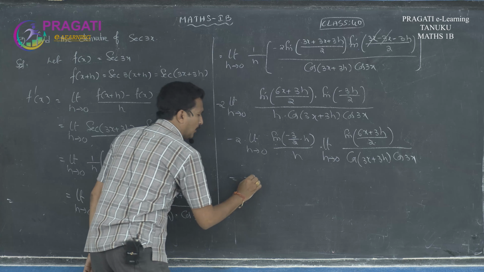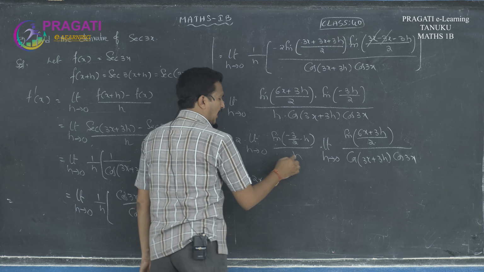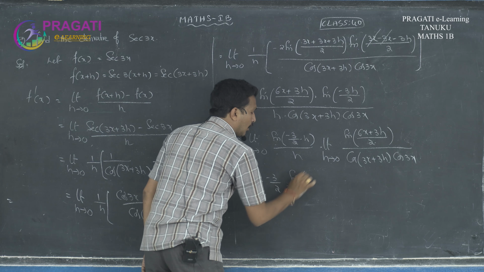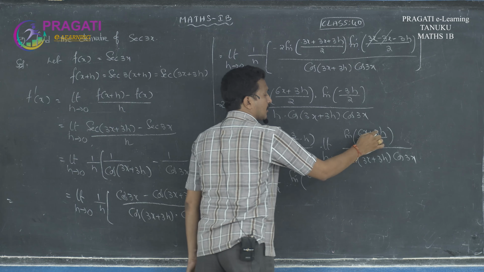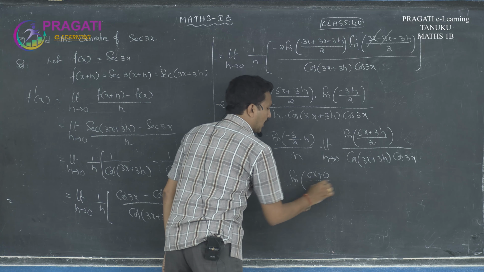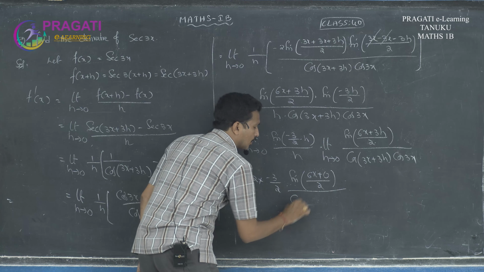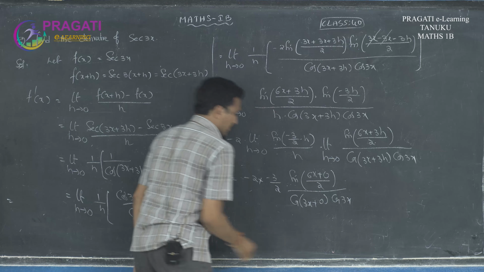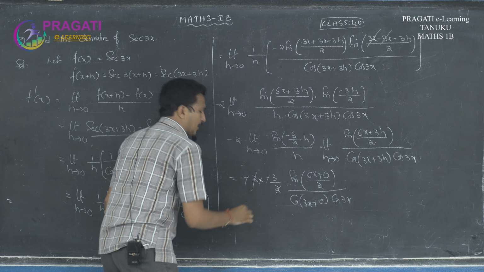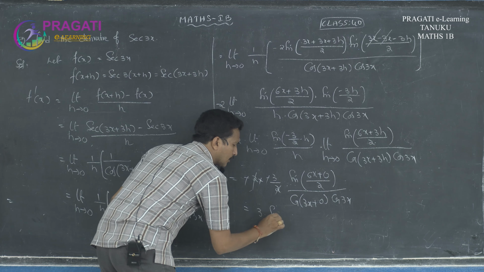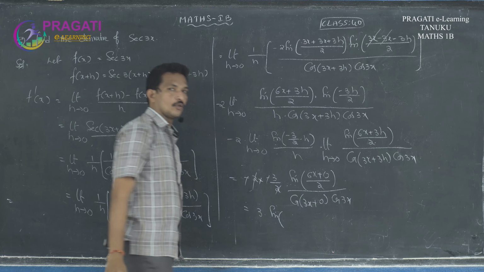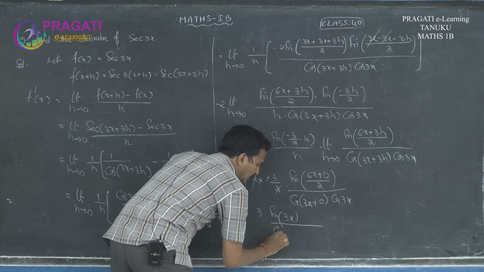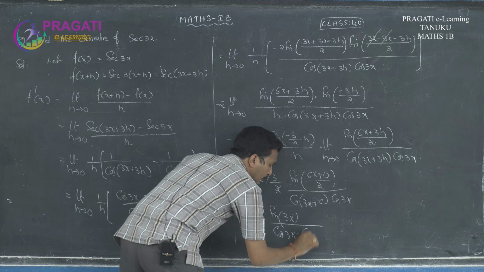Here the first one is the formula. What is the formula? Sin nx by x. Here it is n. And the rest is direct substitution. Sin of 6x plus 3 into 0, by 2, by cos of 3x plus 0 into cos 3x. Here the 2 cancels, minus into minus is plus, 3 into sin 6x by 2, which is 3x, by the denominator cos 3x into cos 3x.